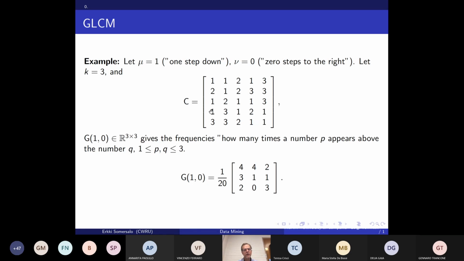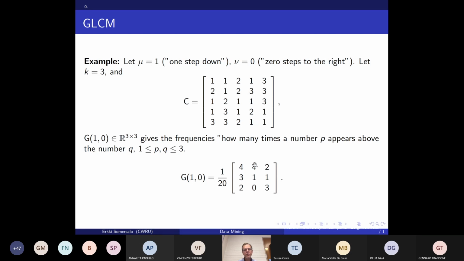So here is one occurrence of such a pair of 1s. Here is another occurrence, third one, and fourth one. So in this coarsened image, there are 4 times ones appearing so that the other one is obtained from the first one by doing the offset 1 step down. So I put 4 here.